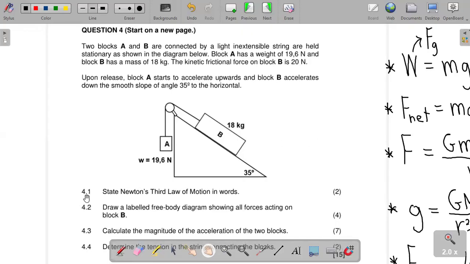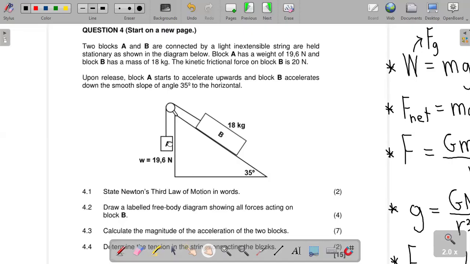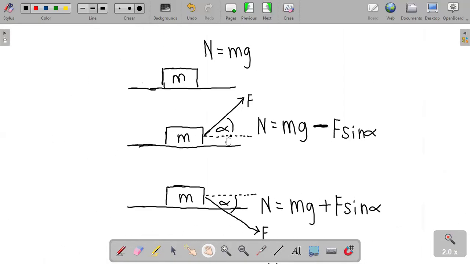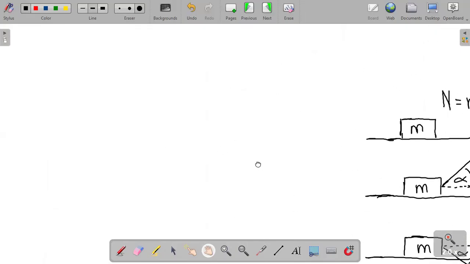Now 4.1, they say state Newton's third law of motion in words. Newton's third law, what does it say?